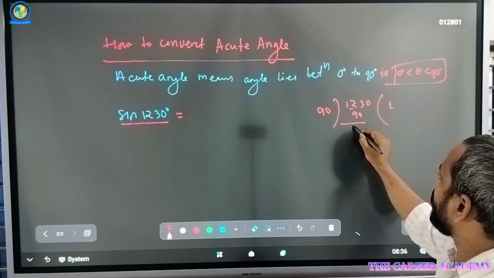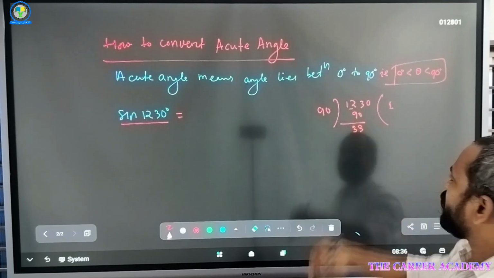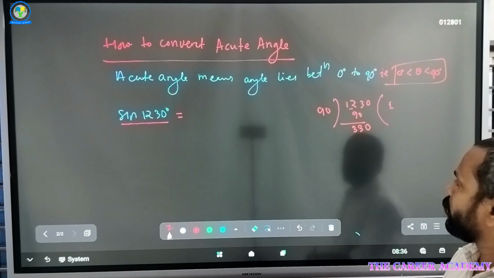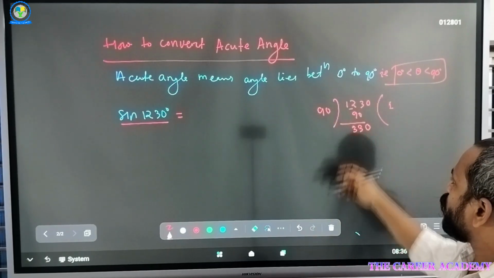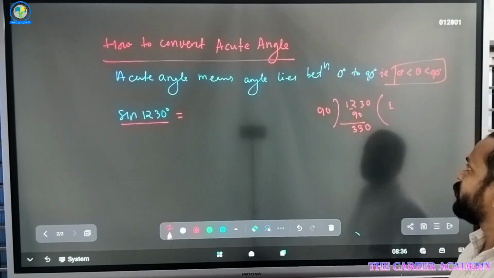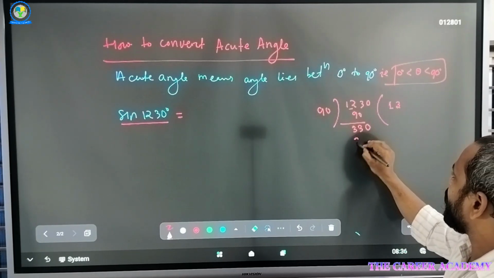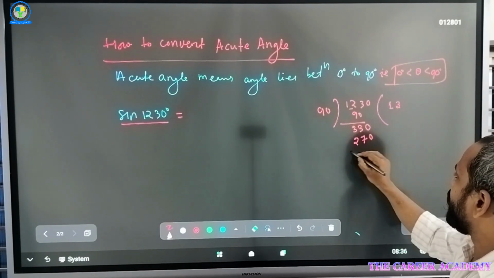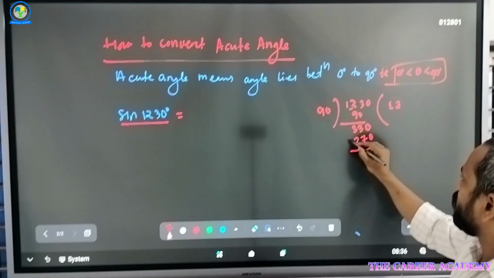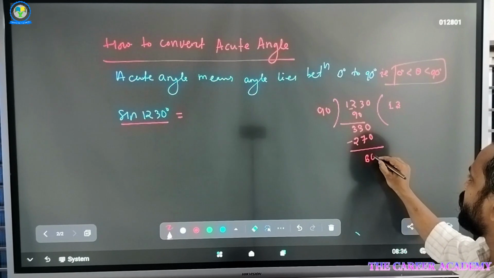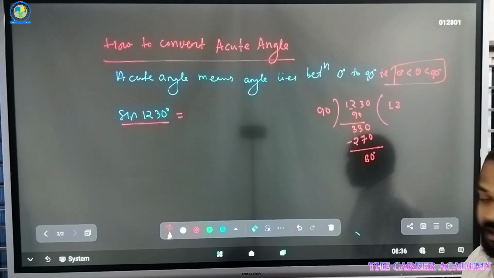123 minus 90 can be 33. Now just take the carry 0. 90 into what do you have to multiply? It can be 90 into 3, you just multiply. It can be 270. So 330 degree minus 270 can be 60 degree. Clear?